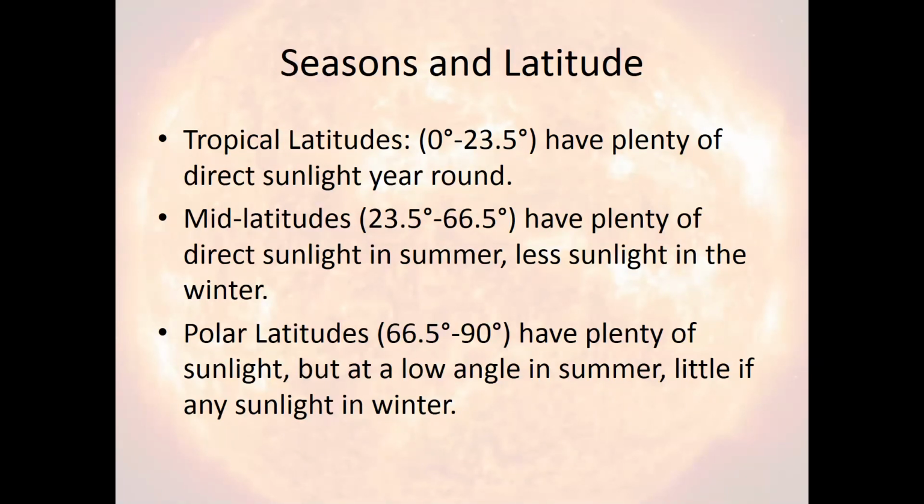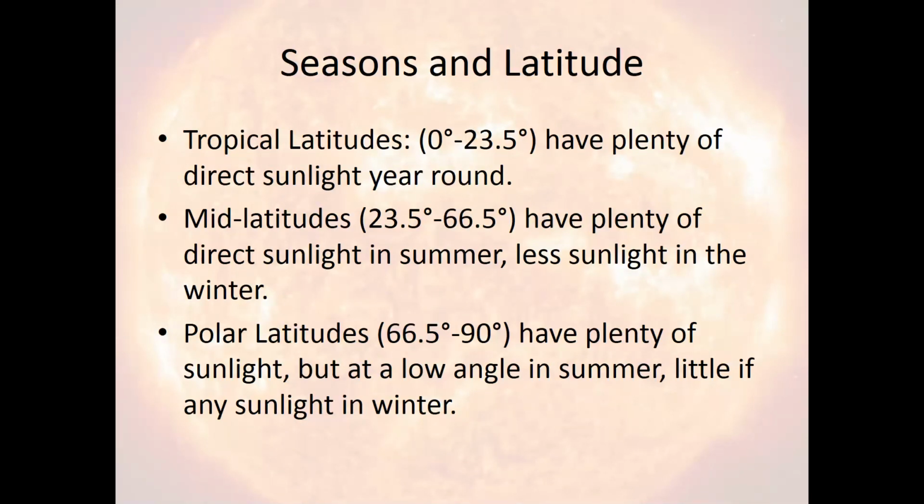It's going to vary about 23.5 degrees to the right, then 23.5 degrees to the left, but in any of those cases, it's still really high in the sky. And so you're getting plenty of direct sunlight year round. Hence, those locations are typically very warm.